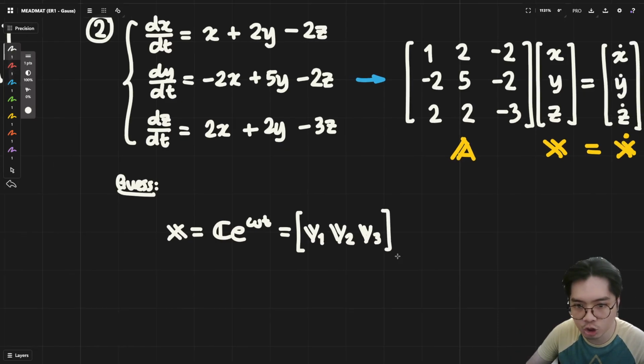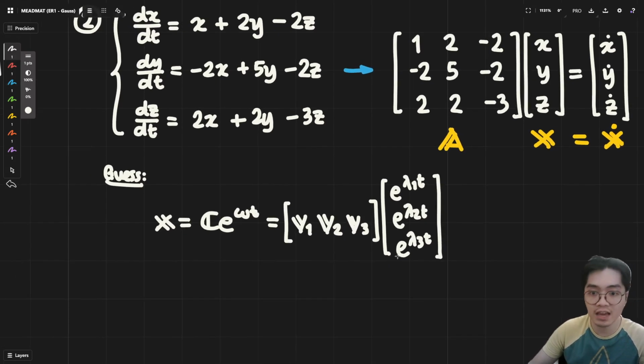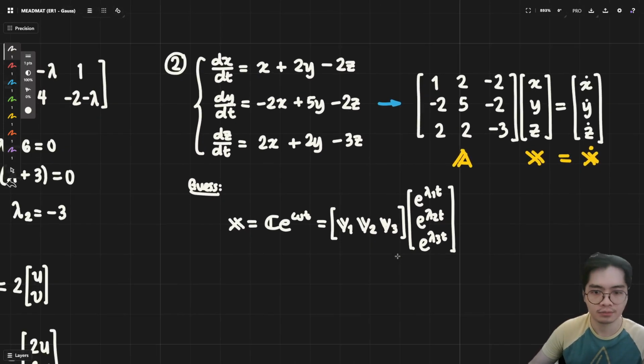And this thing should be equal to your e lambda 1t, e lambda 2t, e lambda 3t. That is how it's supposed to be. And so now let's find the values of lambda and the values of v.